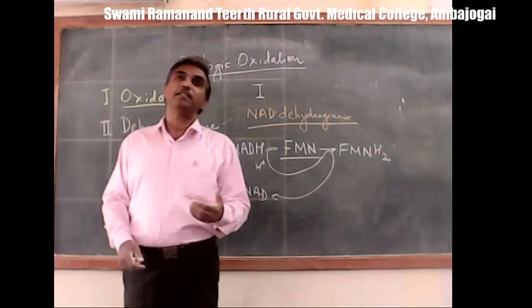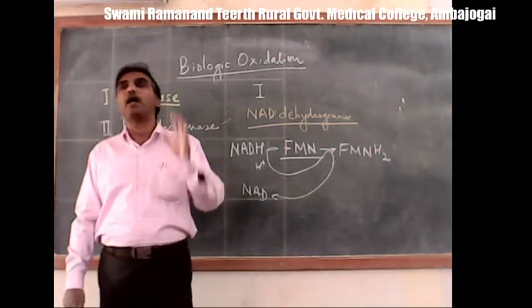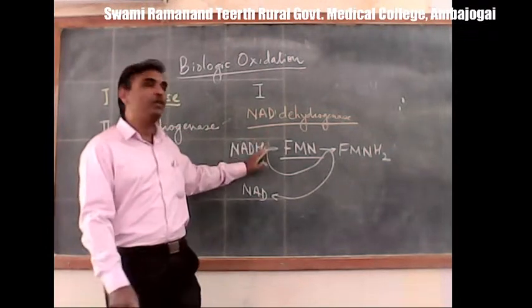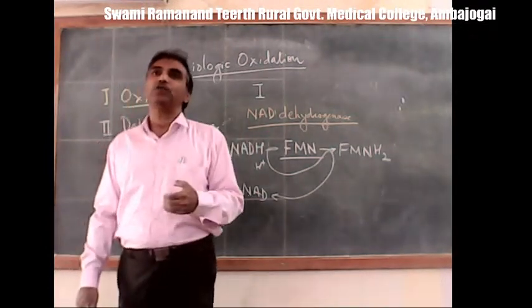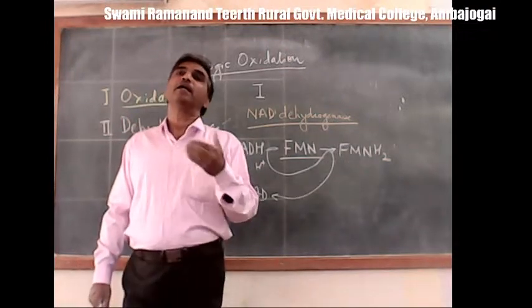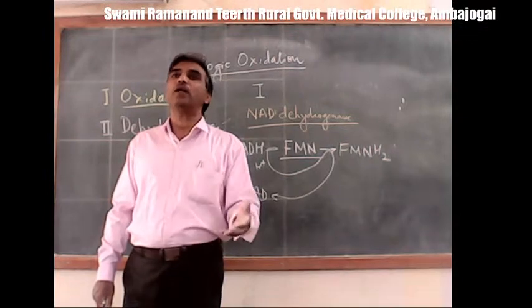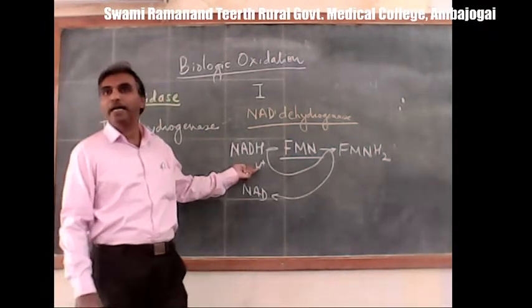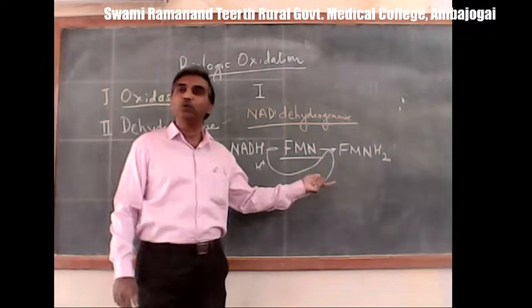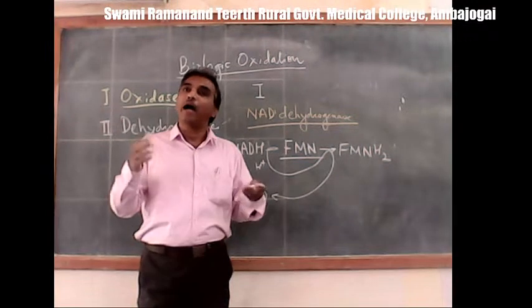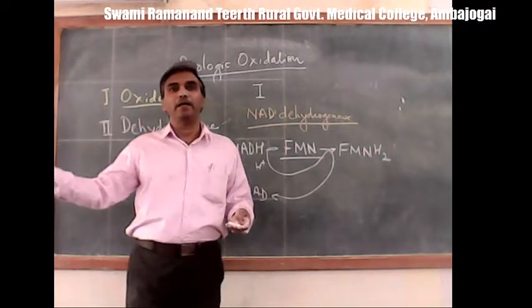Whatever energy is stored in the substrate is captured with the help of reducing equivalents, and these come into contact with the electron transport chain, where electrons are snatched from NADH or FMNH2 and transported through the electron transport chain in a stepwise manner.